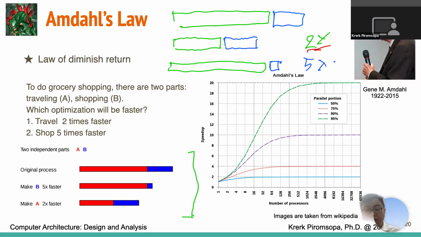Or, one way to say it, Amdahl said it's a law of diminishing returns. You put in 5 doesn't mean you get 5 times better. You put in 2 doesn't mean you get twice the performance. It's a ratio of which part you are improving, and what it accounts for.